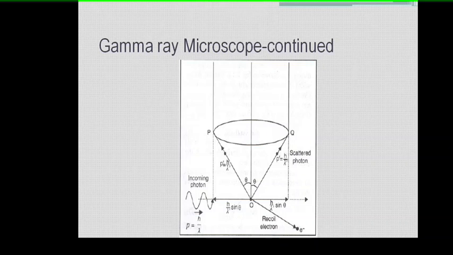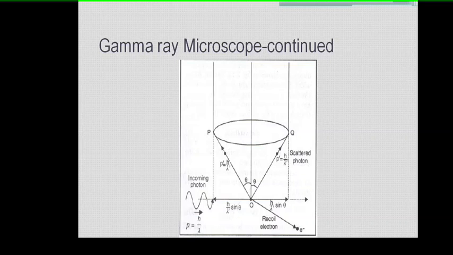Suppose the photon enters the microscope along this OQ, and let nu dash be the frequency and lambda dash be the wavelength of the scattered photon. Then the momentum of the scattered photon along OQ will be h by lambda dash.